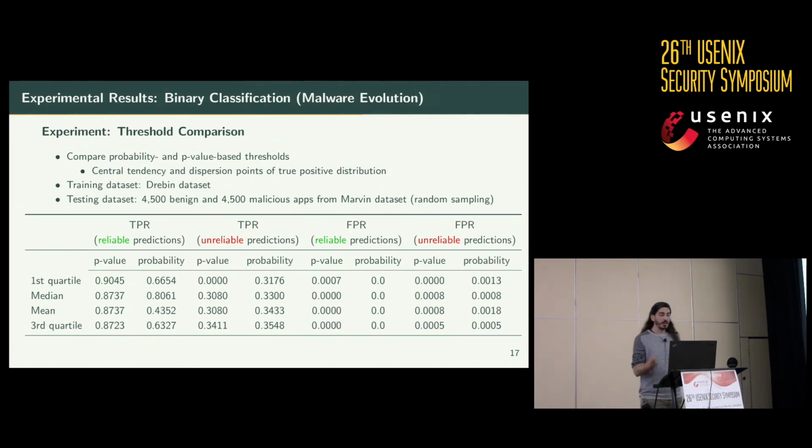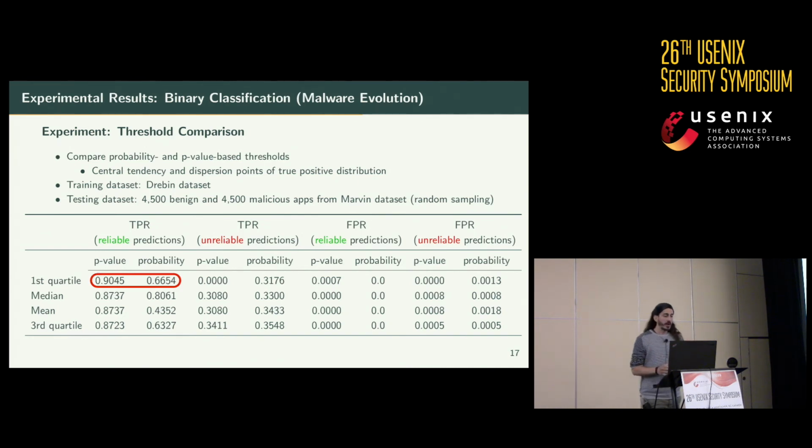But p-value can also be computed for machine learning algorithms that do not provide probability. So we compare the central tendency and dispersion point of the true positive distribution when we train a model with the Drebin dataset and then test again with 4,500 benign and malicious applications.